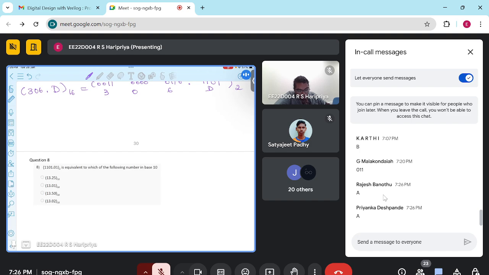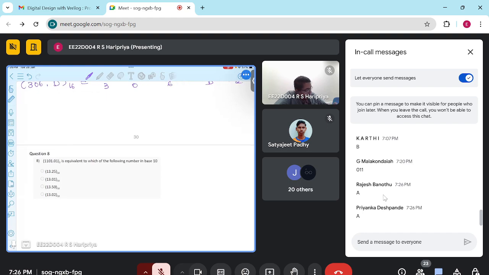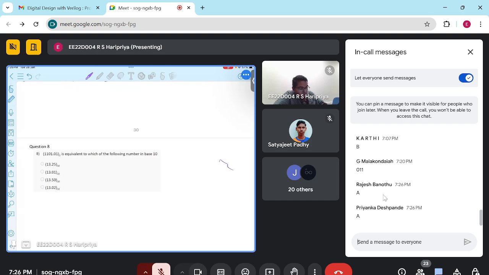So it is like 2 to the power 0, 1, 2, 3, minus 1, minus 2.